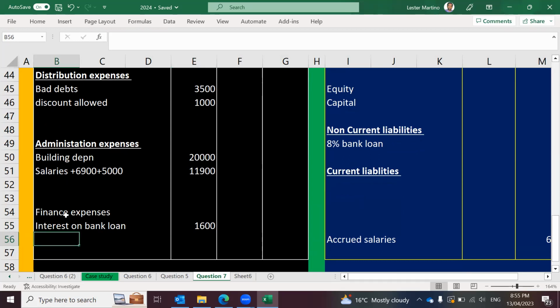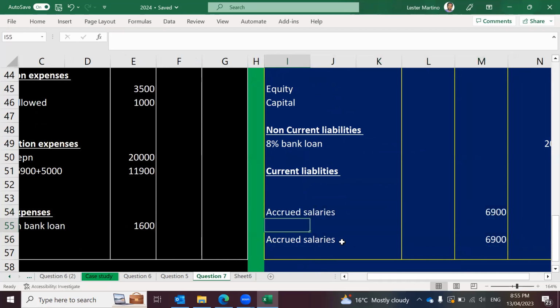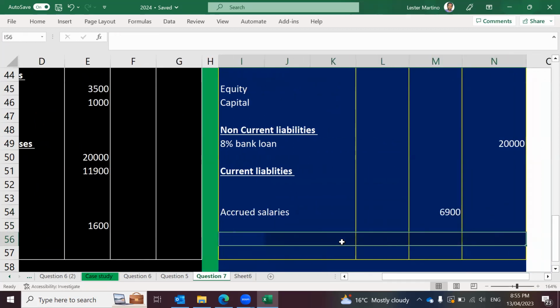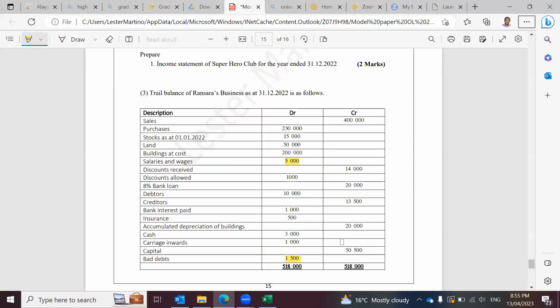Interest on bank loan, 1,600. Now have a look at the trial balance. Do you have any interest expenses you paid? Your total interest is 1,600, out of which you paid 1,000.